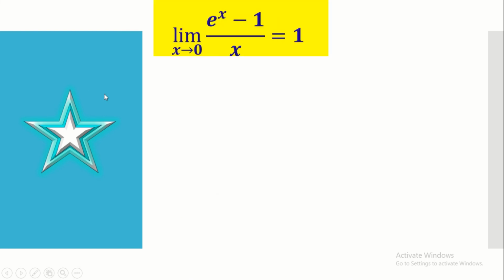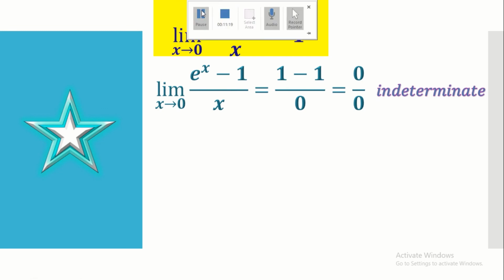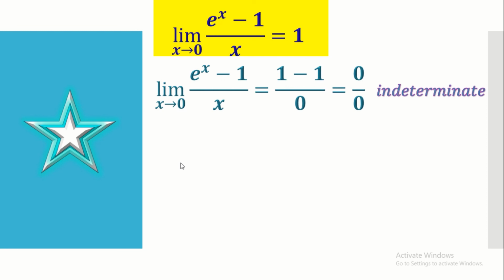One more rule for limits. Also, the limit as x tends to 0 for exponential x minus 1 over x will be equal to 1. Note that if we replace x by 0, we have exponential 0, which is 1, minus 1 over 0. 1 minus 1 is 0, so 0 over 0 will be an indeterminate limit. But since we have a fraction, we can apply L'Hopital rule.